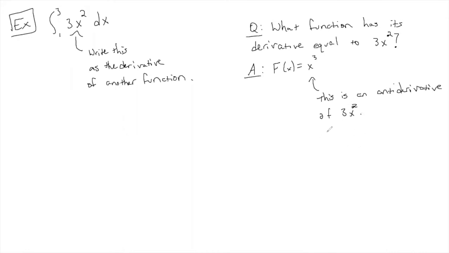Okay. Now, why do I say an antiderivative, right? Not the antiderivative. Remember, when I take a derivative, I can say this is the derivative of the function. But I say this is an antiderivative because here's the second answer.